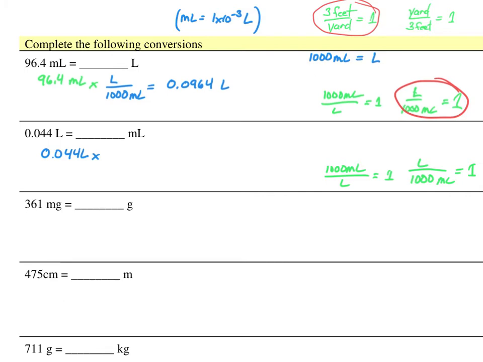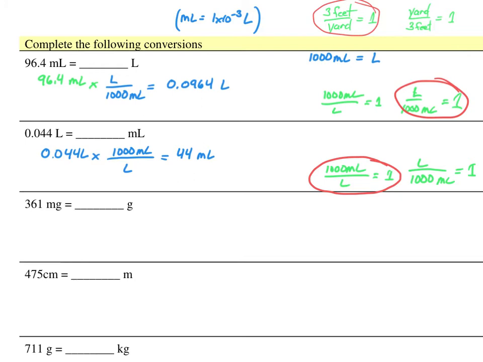We choose the conversion factor that's going to give us the units that we want, which is milliliters, and so therefore we have to cancel out units of liters. So a liter is equivalent to 1,000 milliliters. Now we know we need to multiply by 1,000, and our calculator answer is going to be 44 milliliters.